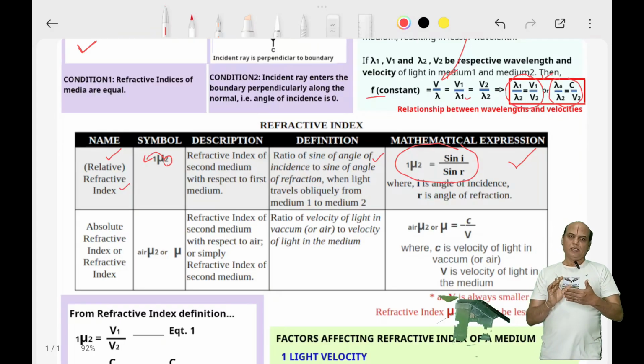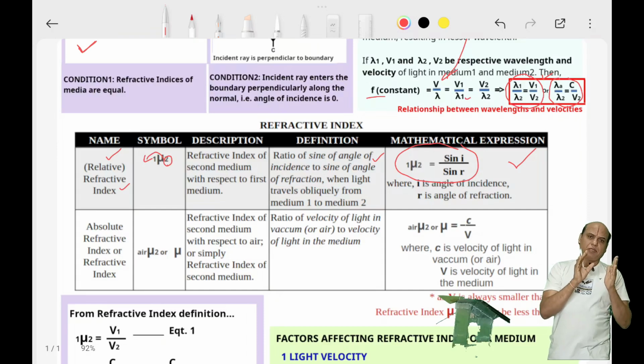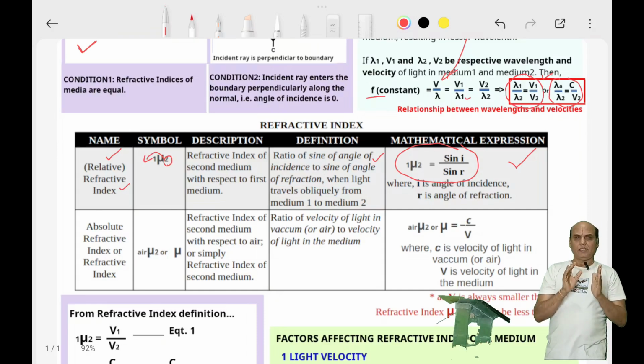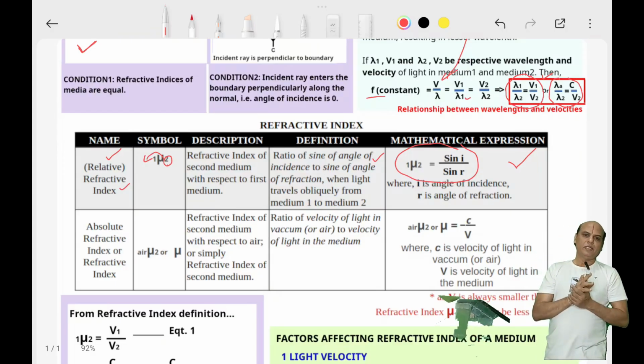Now, to measure the refractive indices of different optical media, scientists have taken the speed of light, which is constant in vacuum or air. They have taken this medium, vacuum or air, as a standard, and the refractive index of vacuum or air is taken as the standard, and other optical media are measured with respect to this standard.